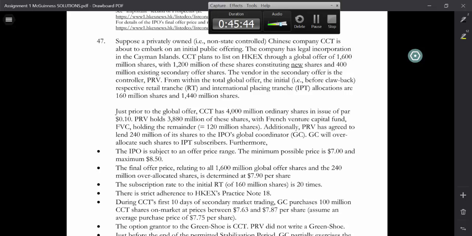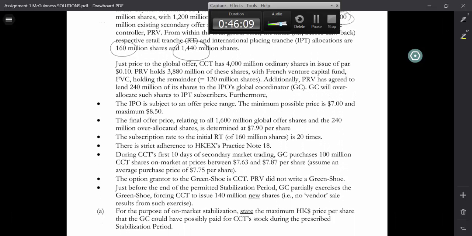The vendor of the secondary shares is the controller. So it's not everybody selling from this 400, just the major shareholder. And from within the total global offer, the initial placement will be 10% retail and 90% institutional. Just prior to the global offer, CCT has 4 billion ordinary shares, par, and this is usually not that important.